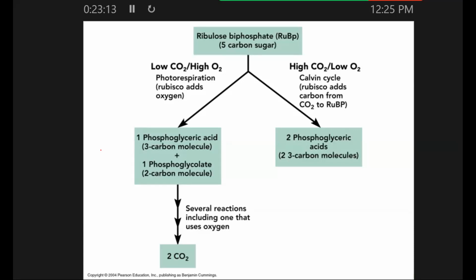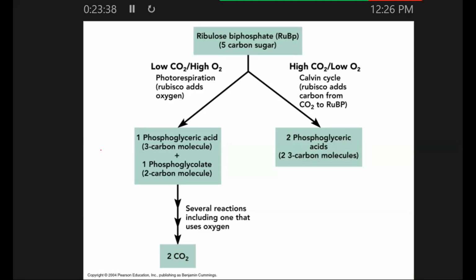High CO2, low oxygen. So if the sun comes up, strikes the plant body, it opens its stomata, starts taking lots of CO2 in. Under those conditions, it's going to run the Calvin cycle, no problem. Rubisco's going to see CO2, CO2, CO2, and we'll react that with RuBP, and you'll get those 2 molecules of PGA. Calvin cycle cooks along, no problem.